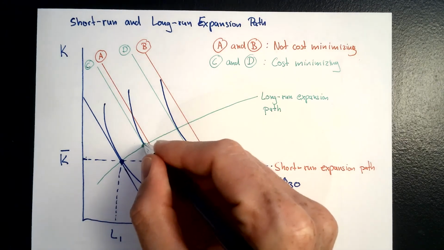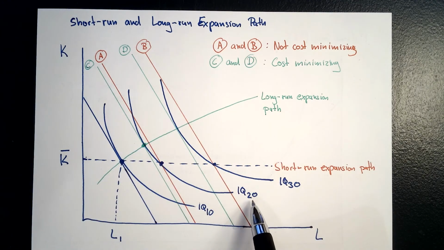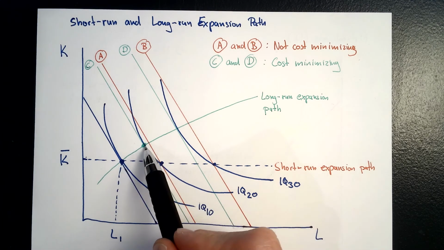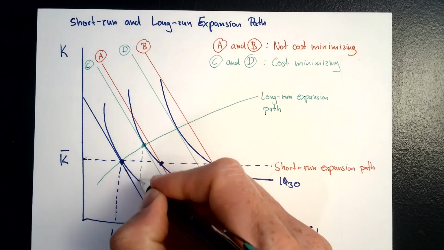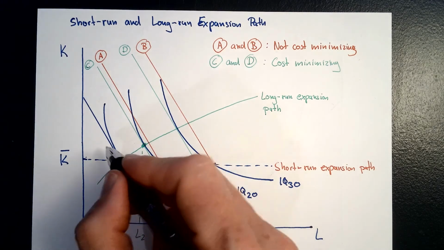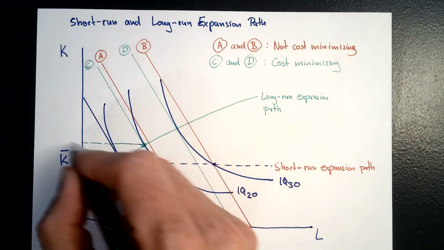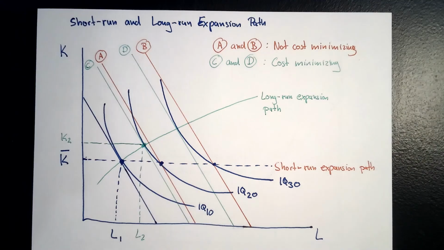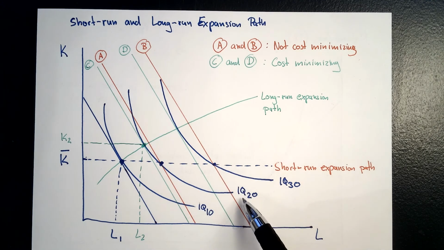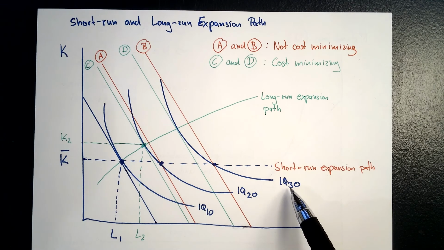So if they have to produce 20 units of output, then optimally, in a cost minimizing sense, they would like to produce at this point here with a combination of, say, L2 units of labor and K2 units of capital. Now the same is true if they have to move to 30 units of output.